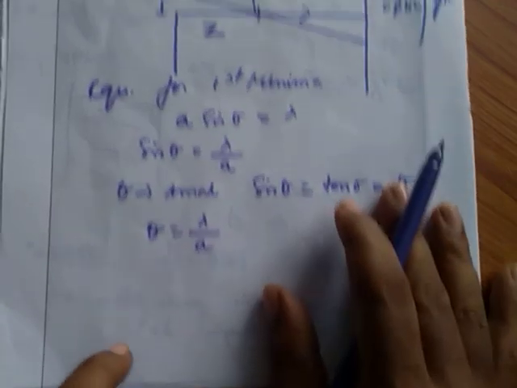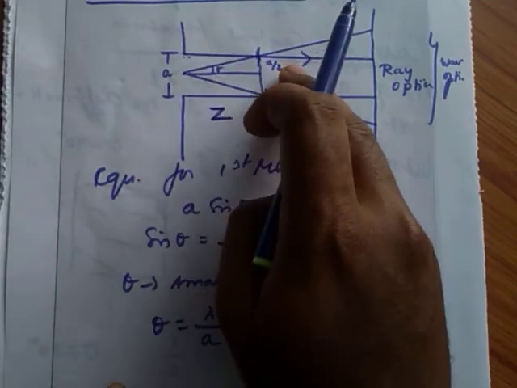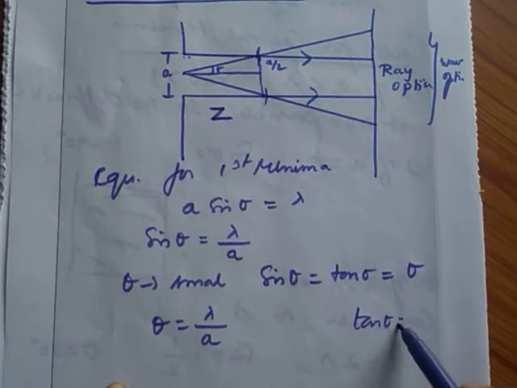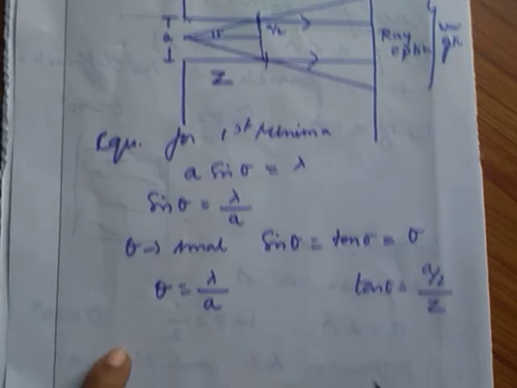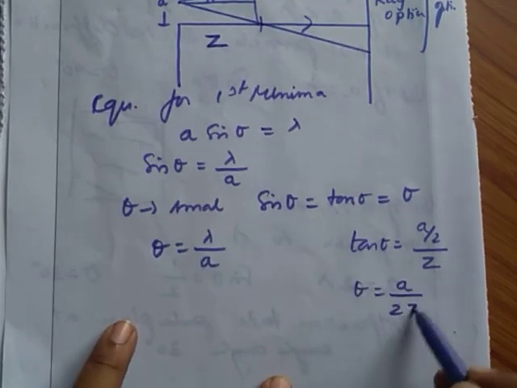Then we can say tan theta is equal to opposite side by adjacent side. Tan theta is equal to opposite side A by 2, adjacent side Z. We know tan theta is equal to theta, that value will be equal to sin theta. Then we can write theta is equal to A by 2Z.